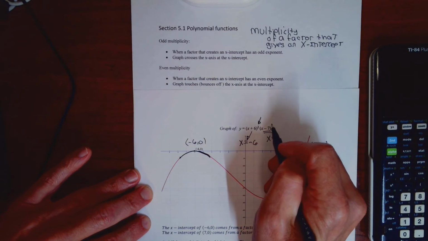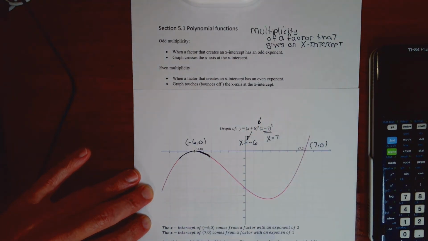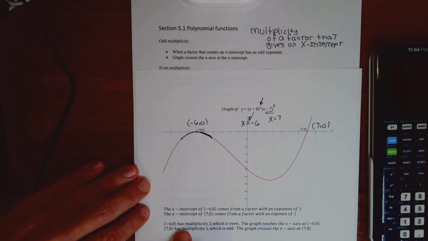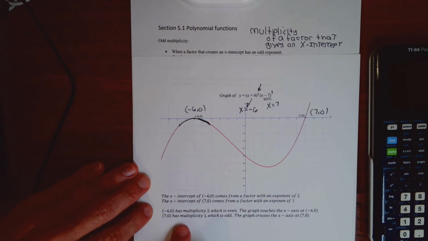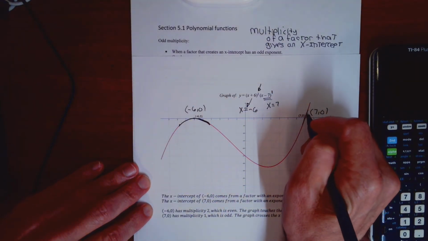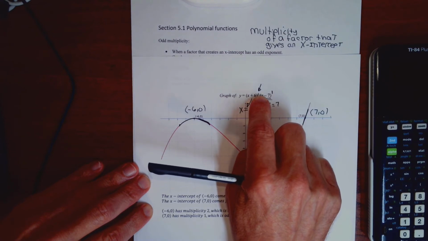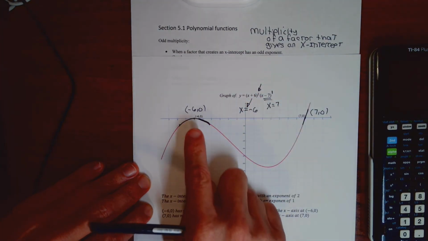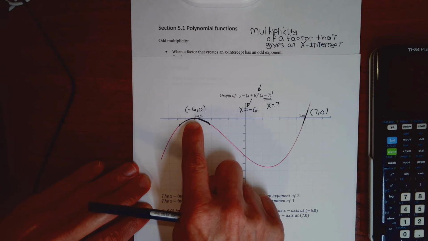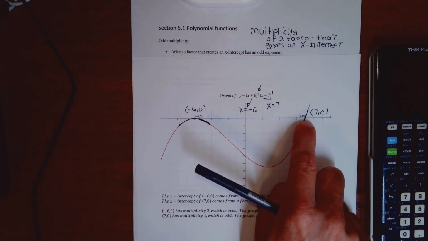The exponent for the x minus 7 factor was 1, which is an odd number, so the graph is going to cross the x-axis at 7, 0. So the big difference is if the exponent that creates an x-intercept is even, then the graph will touch and not cross the x-axis. If the exponent that creates the x-intercept is odd, the graph will cross the x-axis.